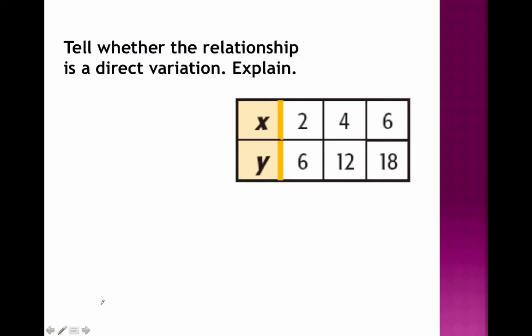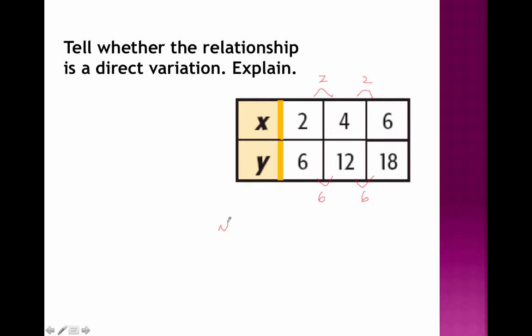So now I've got a table of values, and I want to know if I've got a direct variation. Again, I can look for a function rule for this. I've got a change in my y's of 6, and I've got a change in my x's of 2, so I've got a slope of 3.